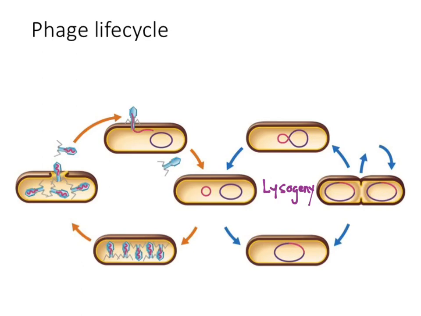And so this model is analogous in some ways to transduction. Transduction can only occur if recombination can occur, or if these phage are temperate, or what we call lysogenic phage, basically. All right.